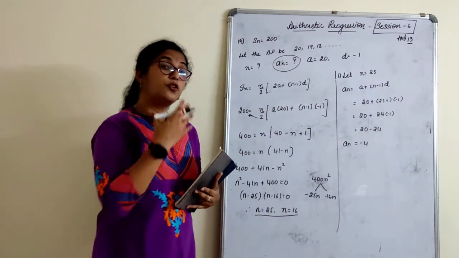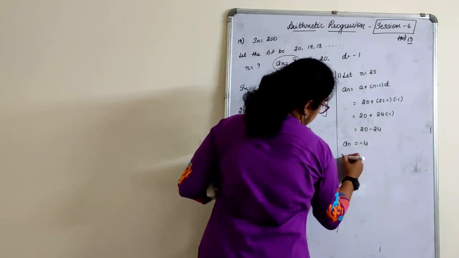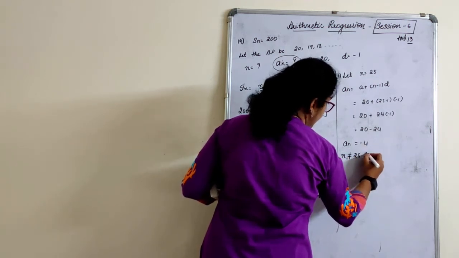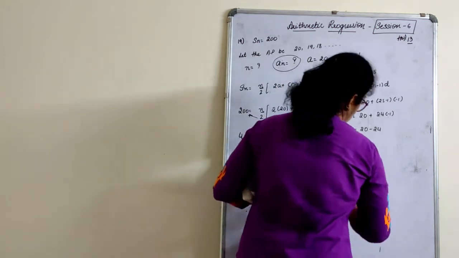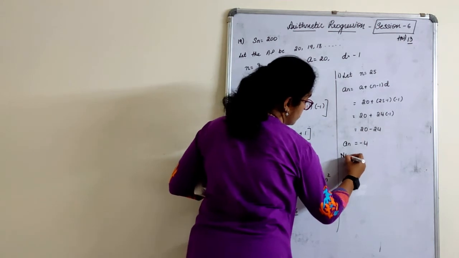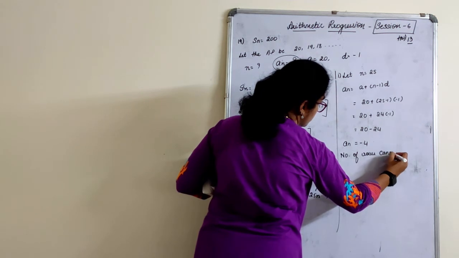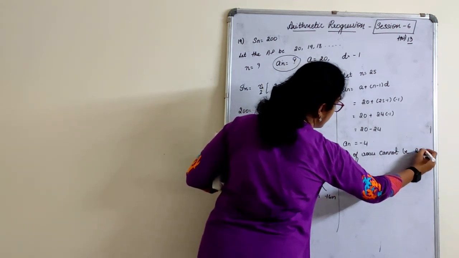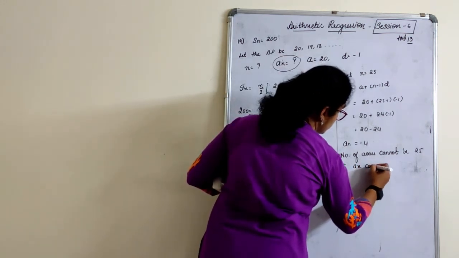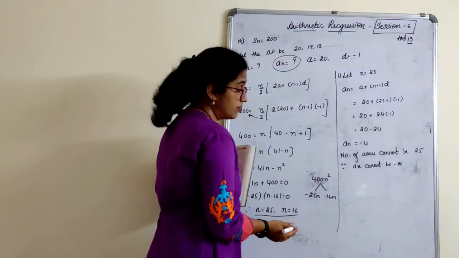Can we have minus 4 logs on the topmost row, the final row? No, right? So n is not equal to 25, because the number of rows cannot be 25, because an cannot be negative.